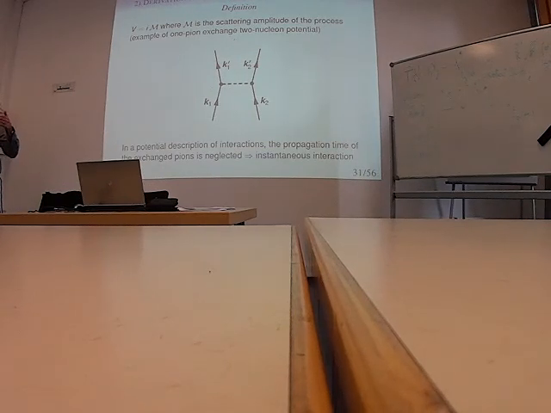Either you start from a relativistic Lagrangian, you apply some rules we are going to see quickly, and then at the end you generate something which is some kind of potential, which you cannot use in a non-relativistic equation, so you need to take its non-relativistic limit. Or you do it the other way around. You first take the non-relativistic limit of the Lagrangian, and then you derive directly a potential. We are going to do that.